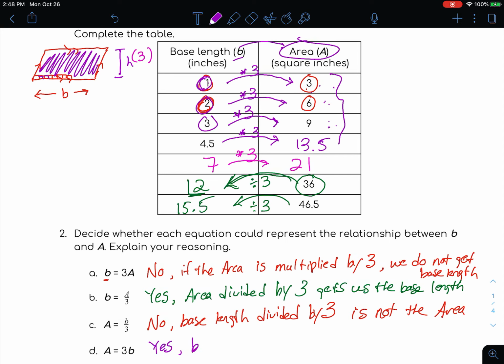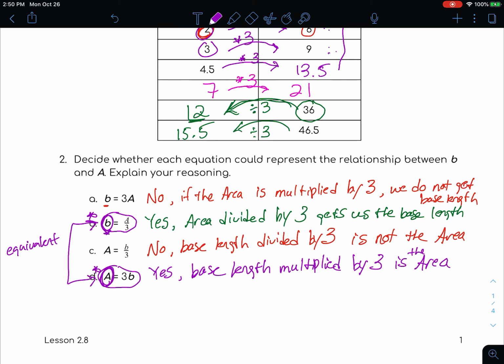We could use either of them for either calculation, but one would be easier because if we solve for a variable, that makes it easier to make the calculation because the variable is by itself. We just have to do the order of operations on the other side of the equation. So solving for a particular variable sometimes is helpful.